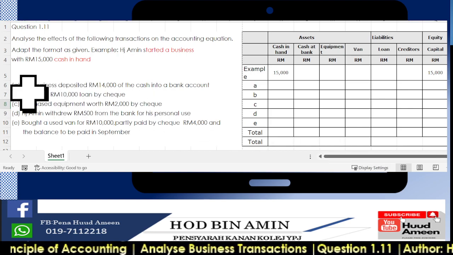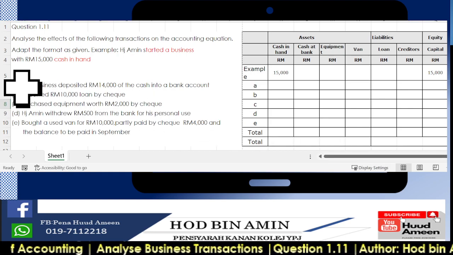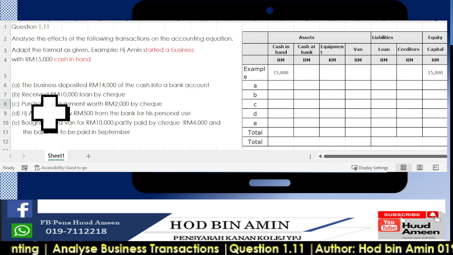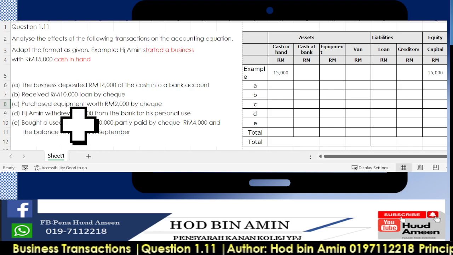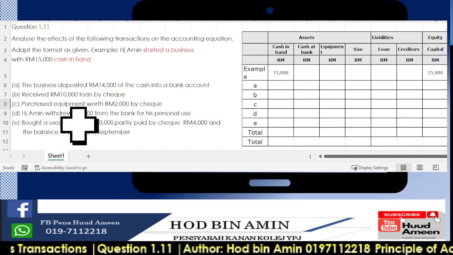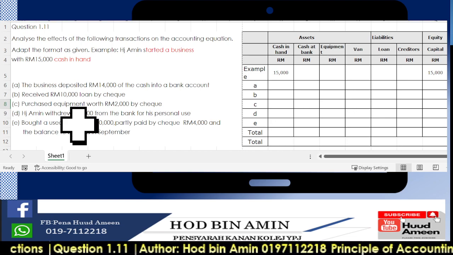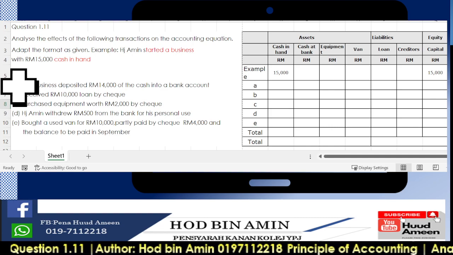And then we start his question. First question A, then you have to identify two accounts that may be related to the transaction.